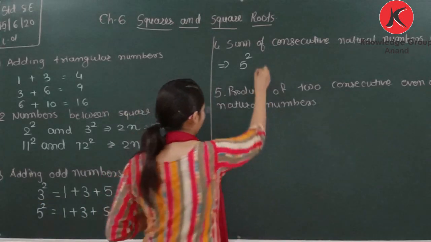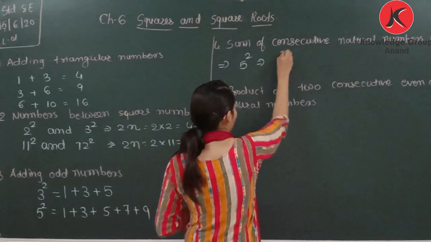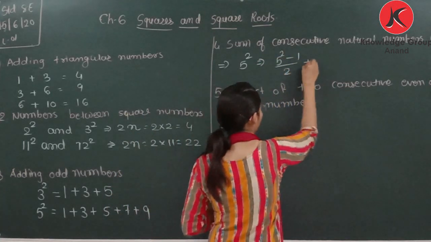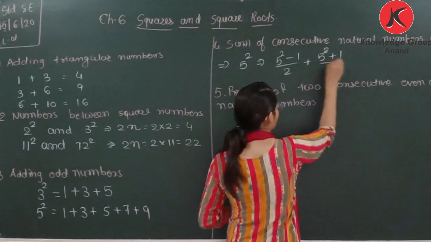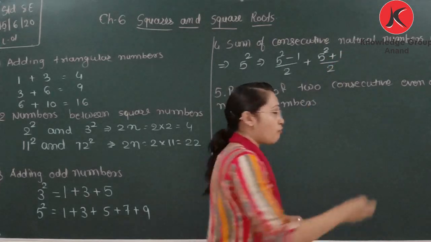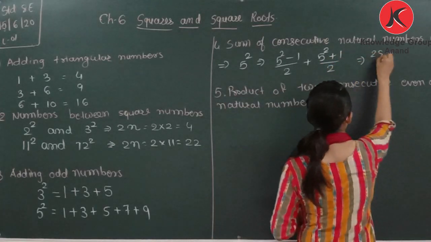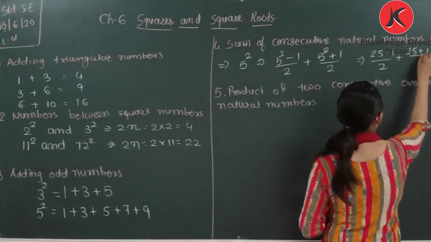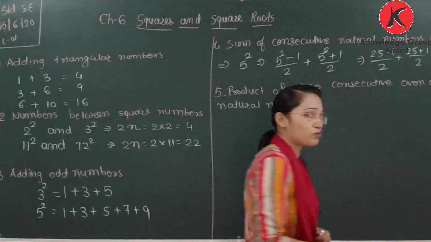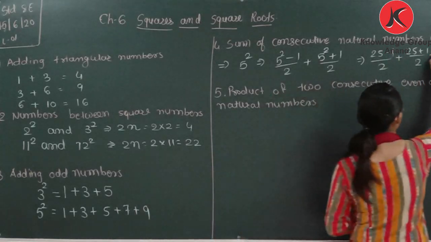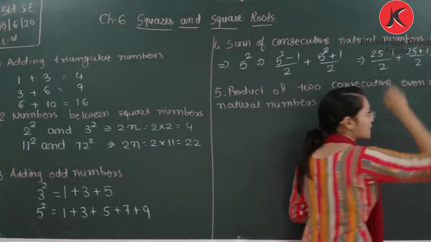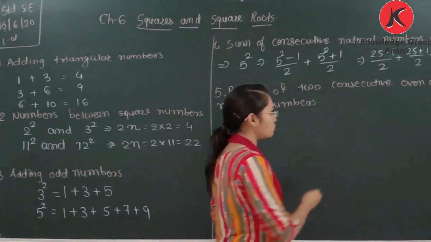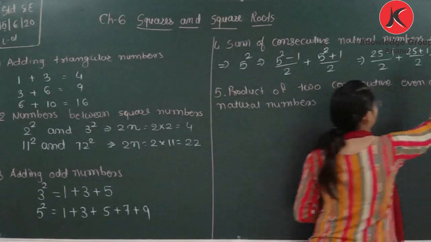So we can write 5 square minus 1 divided by 2 plus 5 square plus 1 divided by 2. 5 square is 25, minus 1 divided by 2, plus 25 plus 1 divided by 2. So 25 minus 1 is 24, divided by 2 is 12, and 25 plus 1 is 26, divided by 2, that is 13.